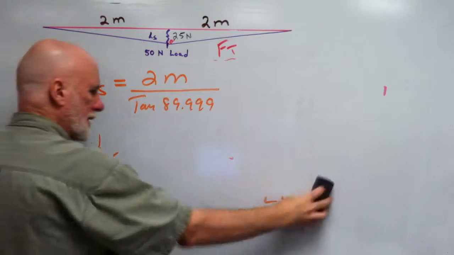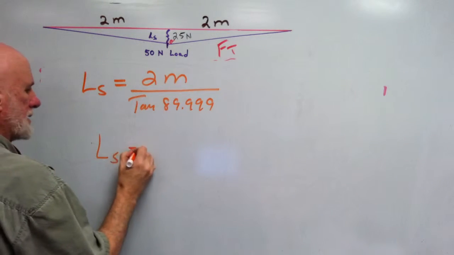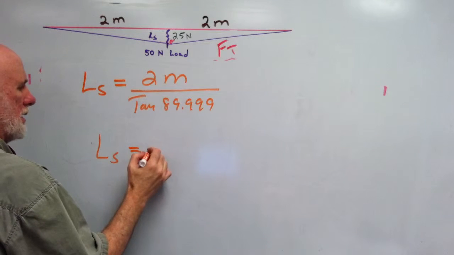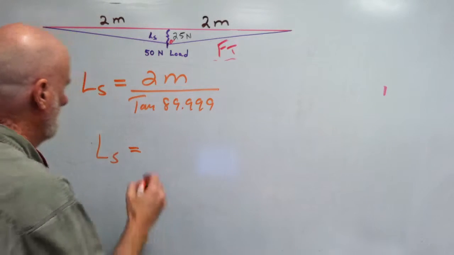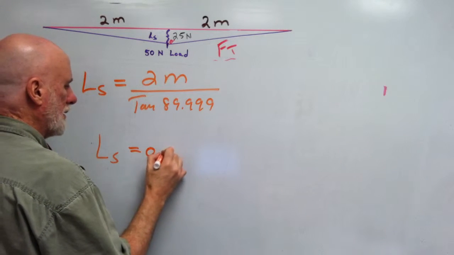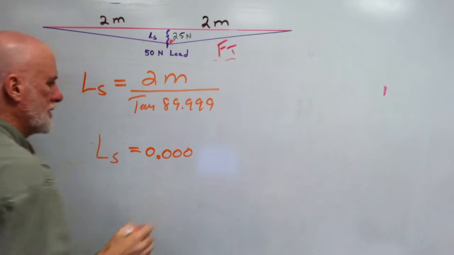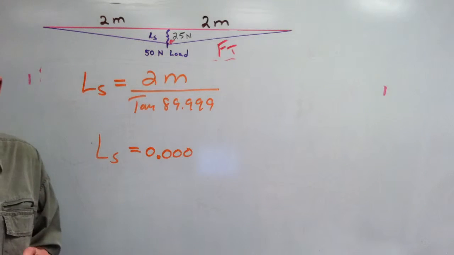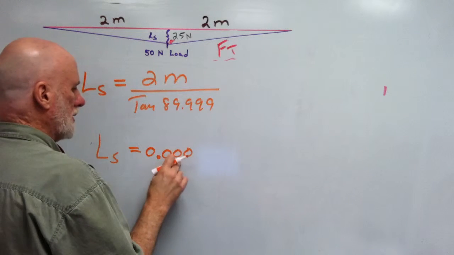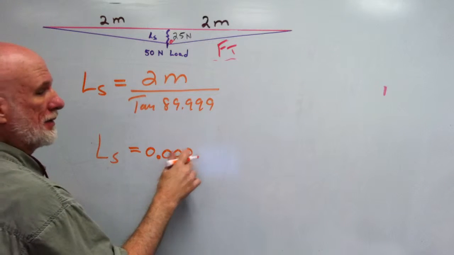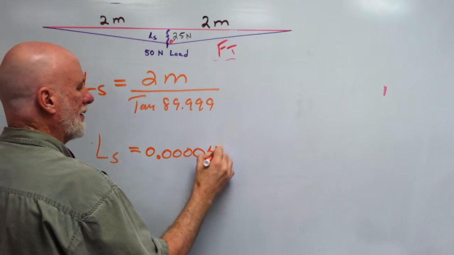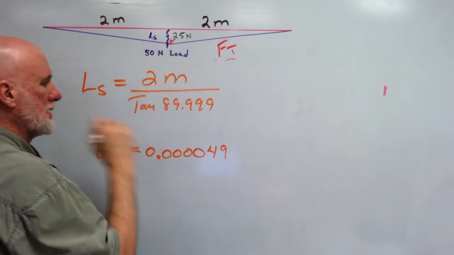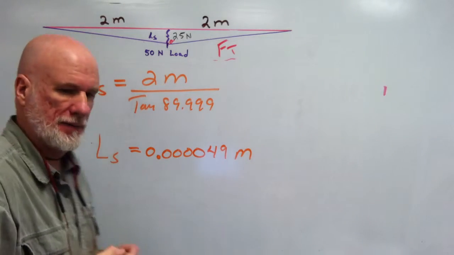And LS is going to be equal to what? 0.0000049. How many zeros? 4. Meters.